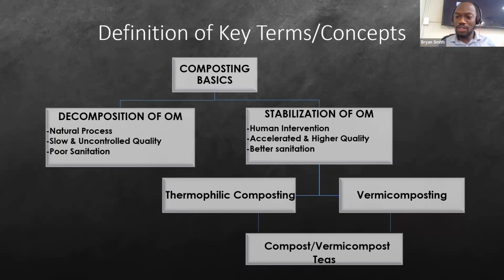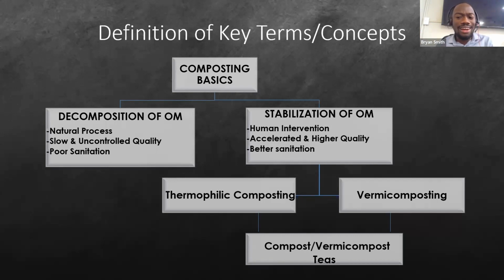If you walk in the forest or walk somewhere and we have some residue, leaf or something, you're going to see it break down over time. You're going to see it turn to that dark matter over time. And so it is a natural process. However, it is a slow and uncontrolled process. There's no human intervention. There are just natural environmental conditions taking place and the material just breaking down.